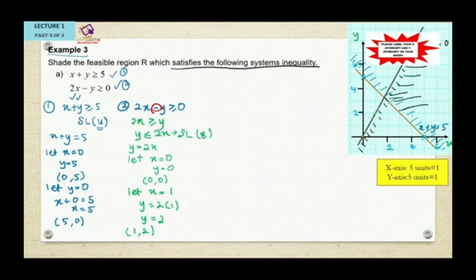It means the region R will be here. I will be using the highlighter so that you can see it clearly. So this is the region, and then you should label your region as R. Okay, student?